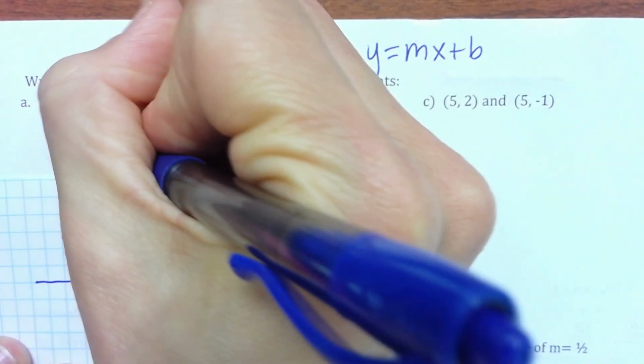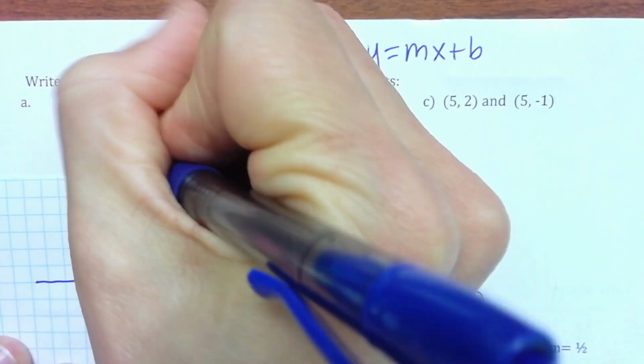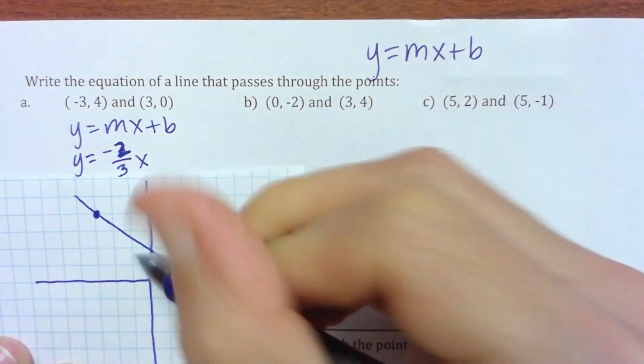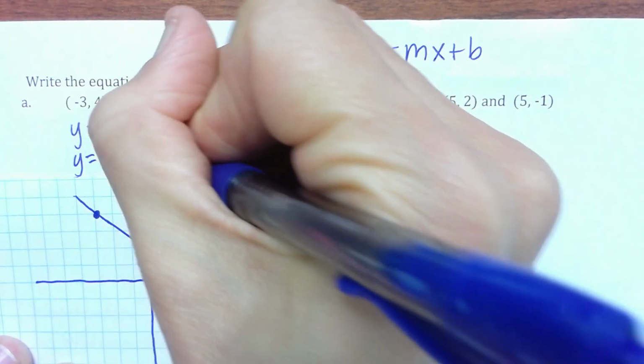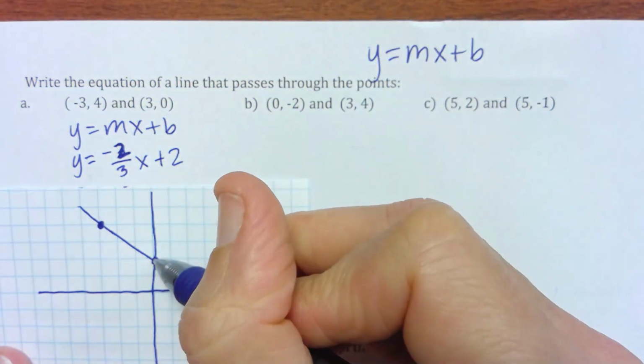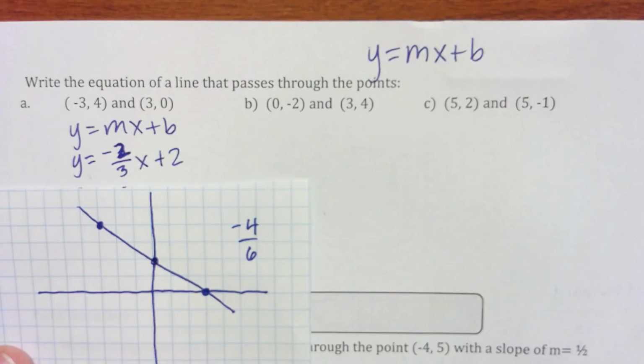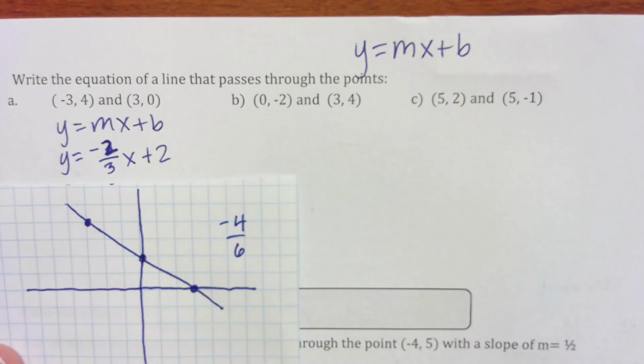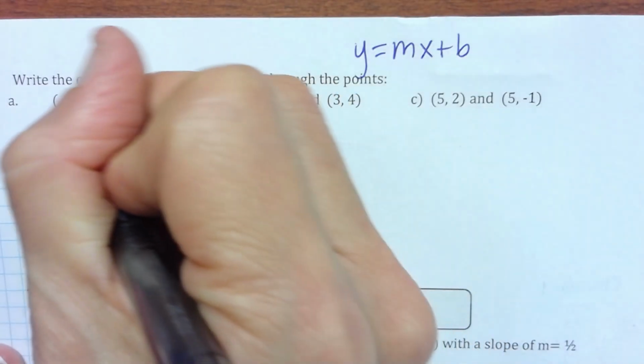So -4 over 6 is -2/3. Oops, -2/3 x plus 2. B is 2. B is here. B is the y-intercept. So by drawing a picture, just connecting it, I can figure out the equation, because I need a slope and an intercept to do it.